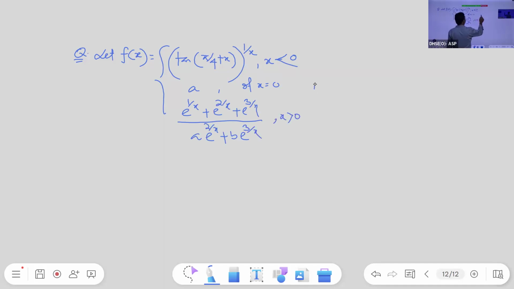If f is continuous at x equal to 0, then find a and b.